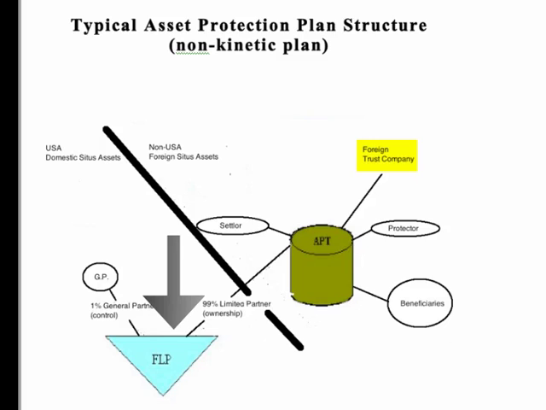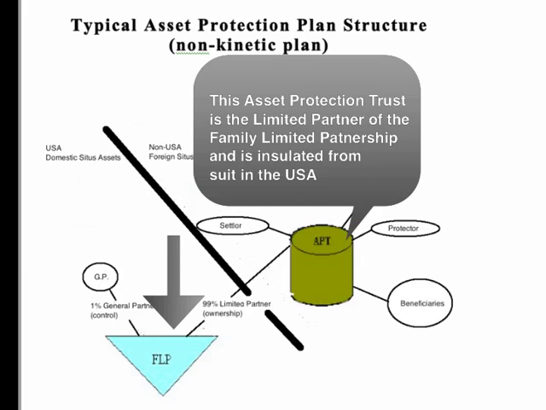I love to have my asset protection trust own 99%, or even 100%, which you can do in Delaware. 99% is more typical and safer in the rest of the states. Have your asset protection trust own part of a limited partnership. We call it a family limited partnership because it makes it fancier and more expensive, but it's the same thing as a limited partnership.